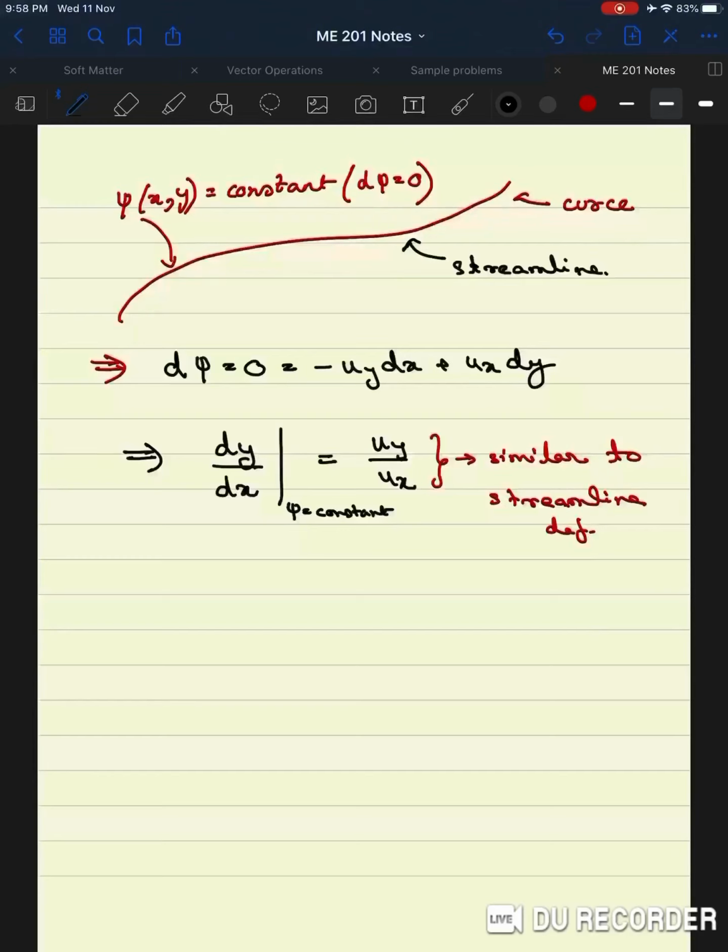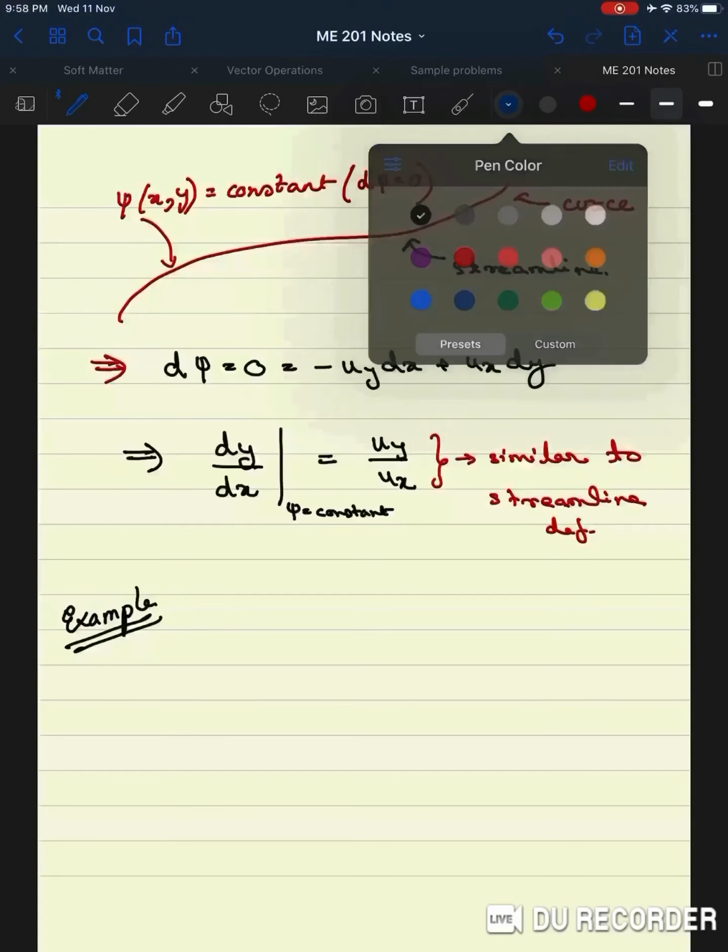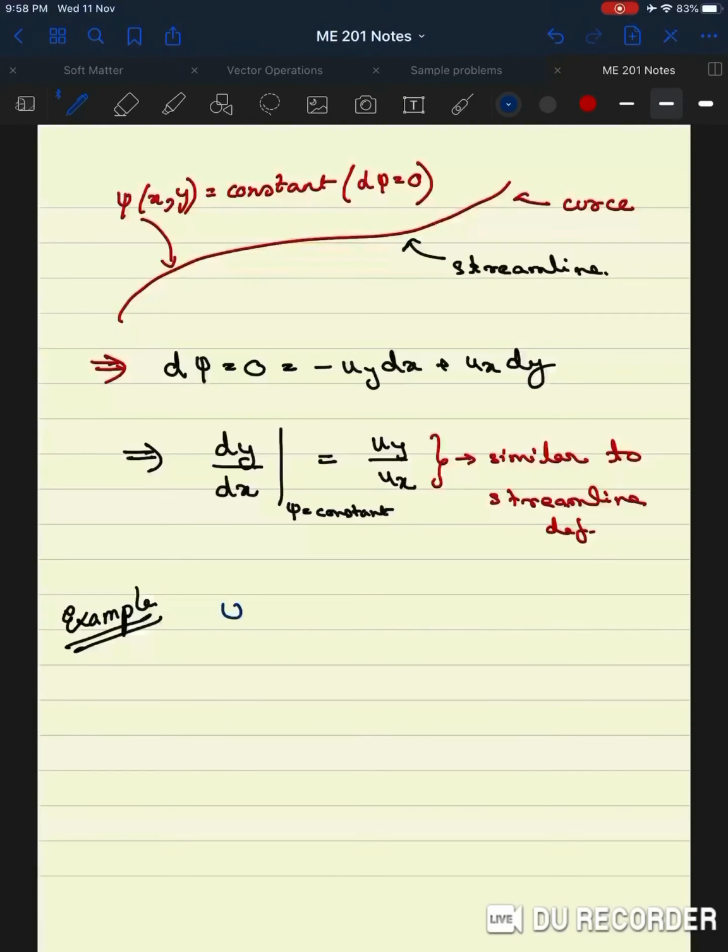For example, if you were to quickly do an example problem, let's say that my psi(x, y) is given in Cartesian coordinates to you, and this is equal to a times x times y, where a is some constant. Okay. Then what does my flow look like?